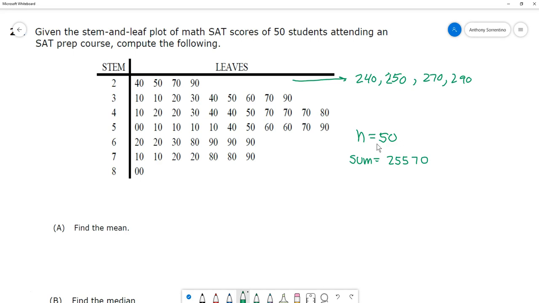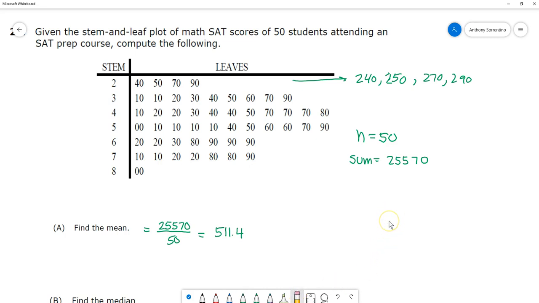So when I wanted to find the mean, I divided by 50 and I got 511.4.